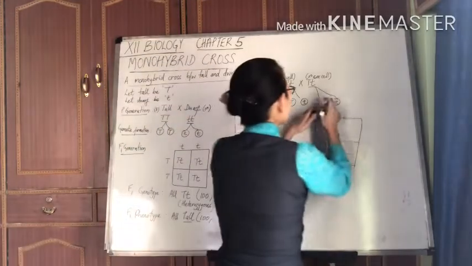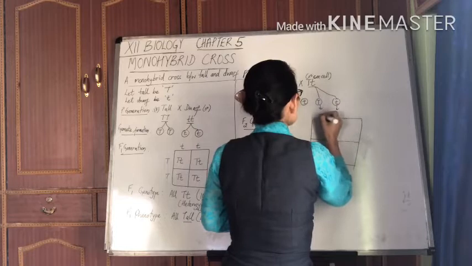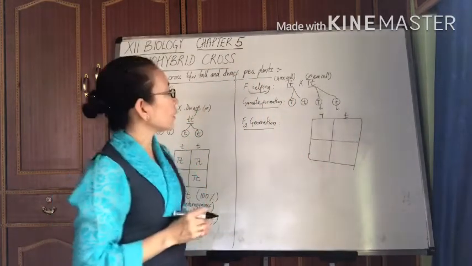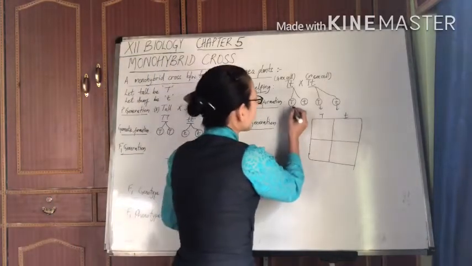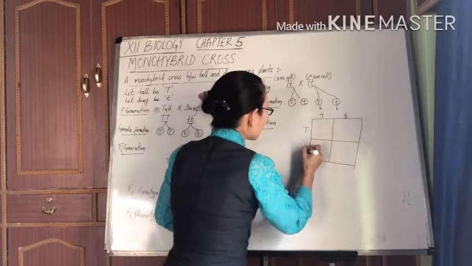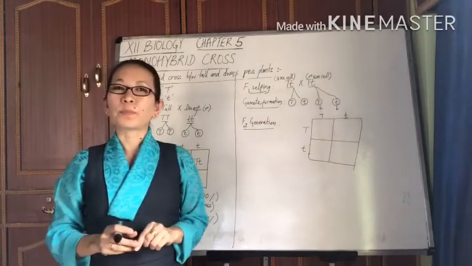So let me place this male gamete. These two I'm going to place over here, one on top of each column, and then the female gametes I'm going to place down here, one on the left side of each row.